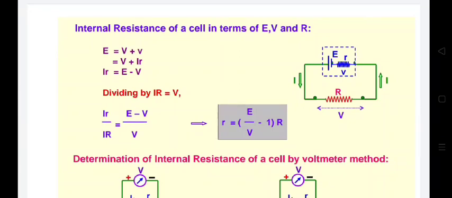Then we have the equation E minus V is equal to small v, that is potential drop. Now, as stated earlier, V can be equal to E only in three conditions: when the cell is in open circuit, internal resistance of the cell is negligible, or external resistance R is infinitely large.